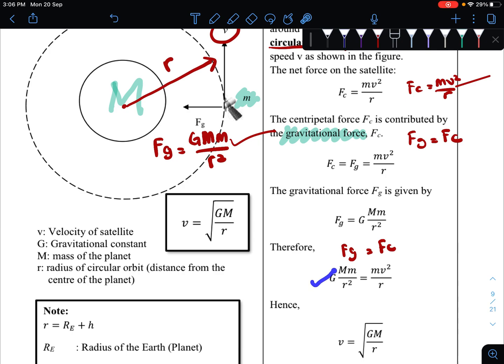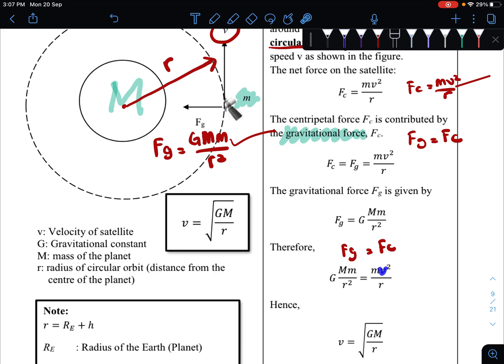Okay, here we have a few terms. This is G, gravitational constant. Capital M here is the mass of the planet. Small m is the mass of the satellite, divided by the distance between the Earth and the satellite from the center. So this is our r here. Okay, and then centripetal force is experienced by the satellite. So our object is the satellite, and this satellite is the one making the circular motion. Therefore we are talking about centripetal force by the satellite only, so the mass here is the mass of the satellite.